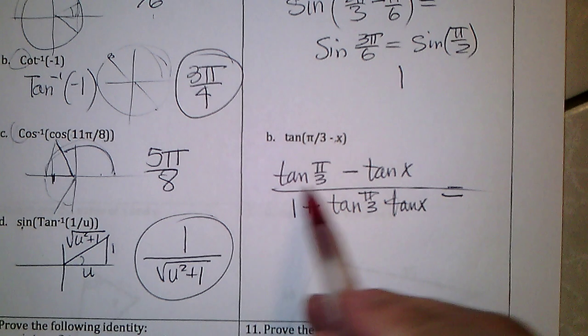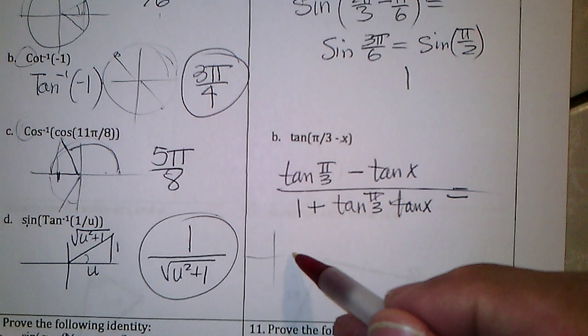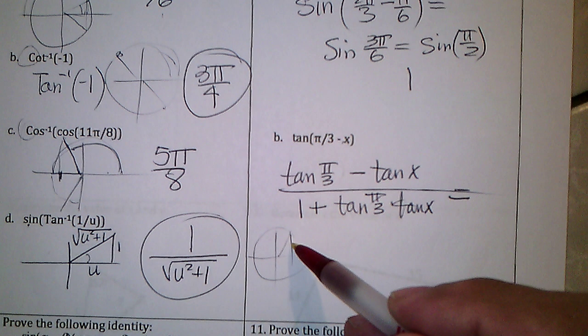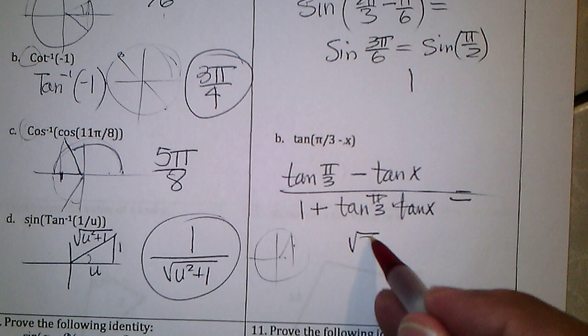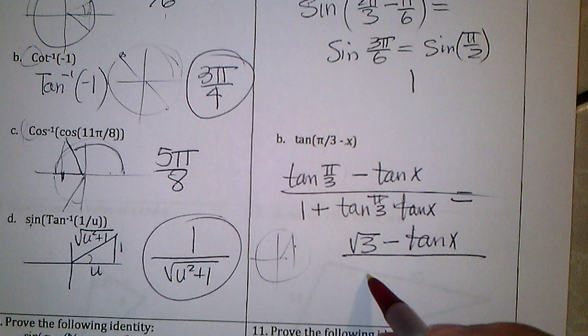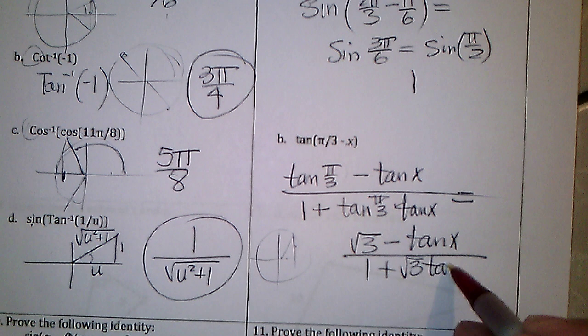So this becomes tangent of pi over 3. Pi over 3, the sine is square root of 3 over 2 over a half, so it's just square root of 3. So this is square root of 3 minus tangent x over 1 plus the square root of 3 tangent x.